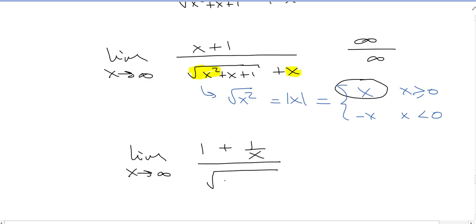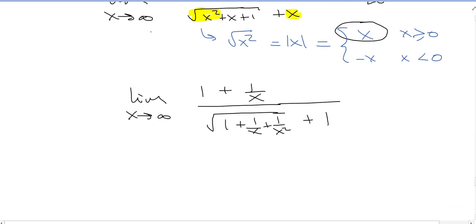So I'm going to have the square root of 1 plus, inside the radical, dividing by x means I divide by x squared. So plus x over x squared is 1 over x plus 1 over x squared. And then I have plus x divided by x itself is 1.